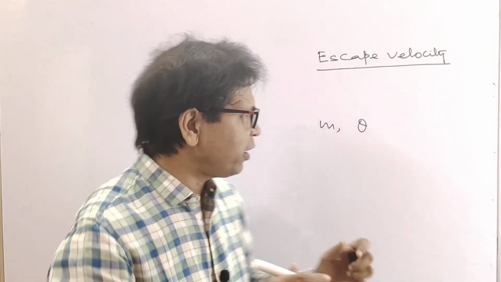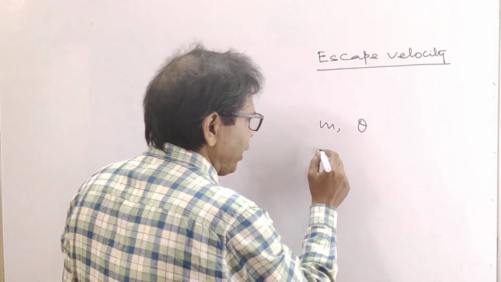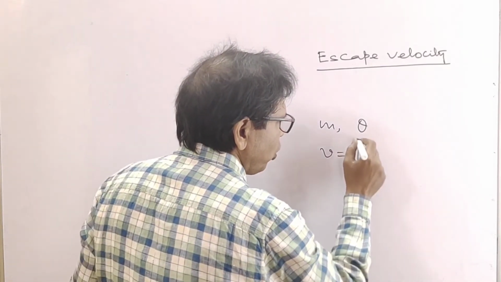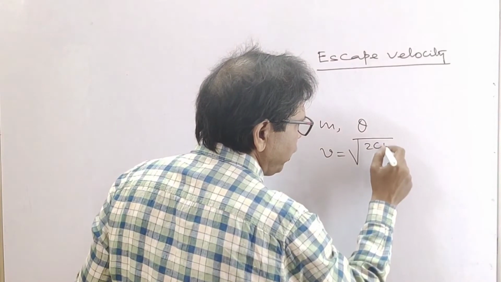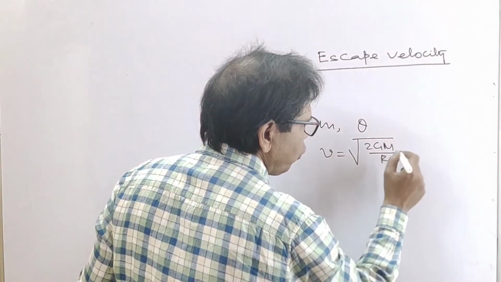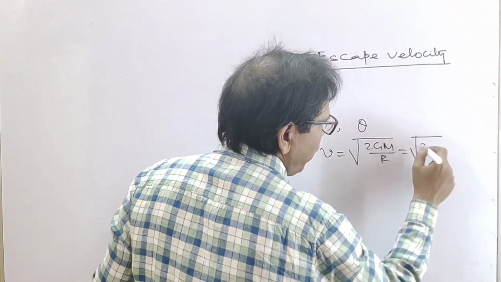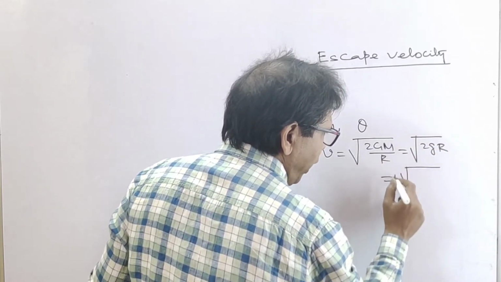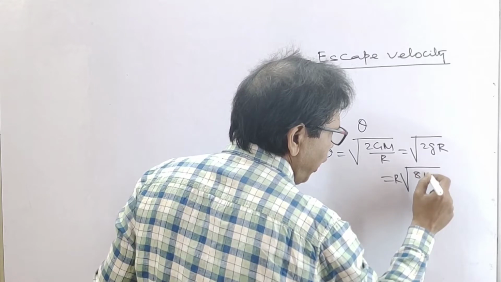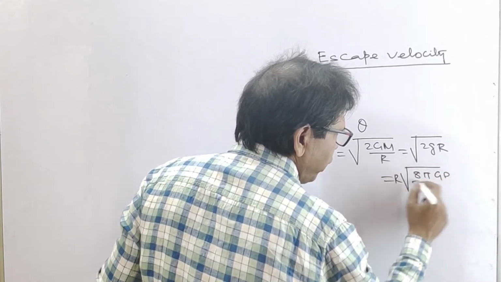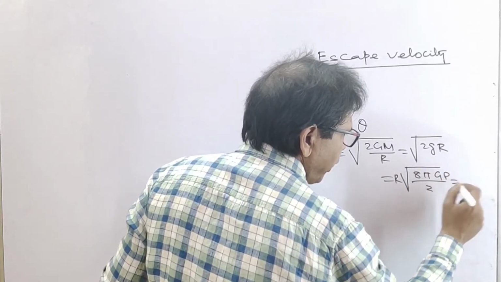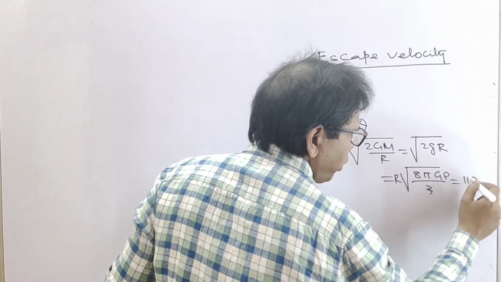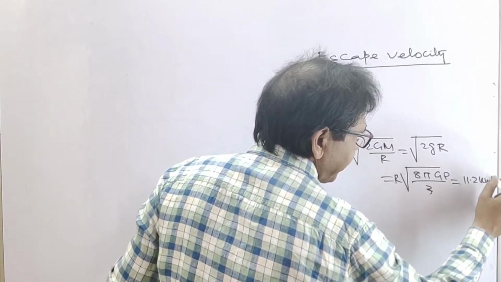On Earth's surface, the escape velocity V equals root under 2GM by R, which equals root over 2gR, which equals root over R into 8 pi G rho divided by 3, which is equal to 11.2 kilometer per second.